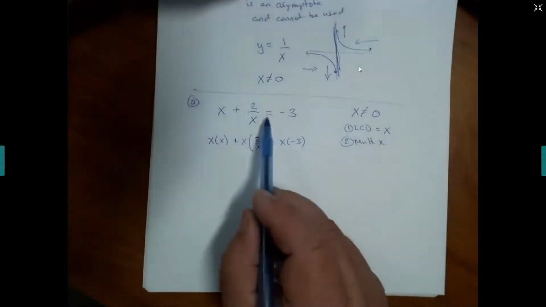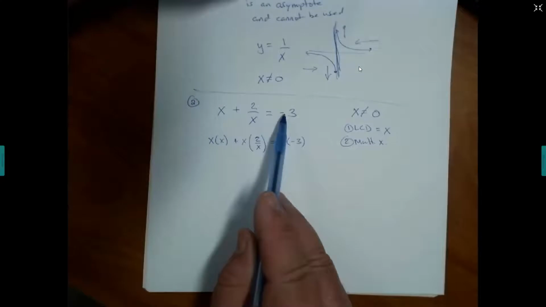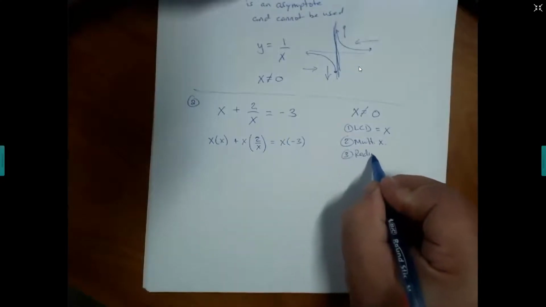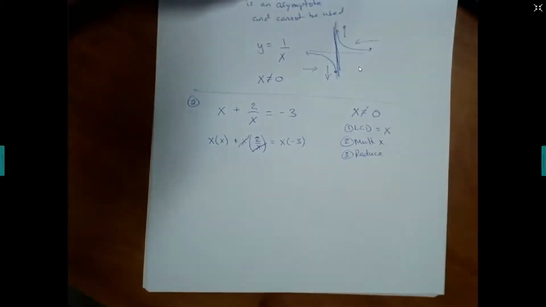So whenever you have fractions in an equal sign, find the LCD, multiply it to each term, reduce where possible, so the x's here cancel.